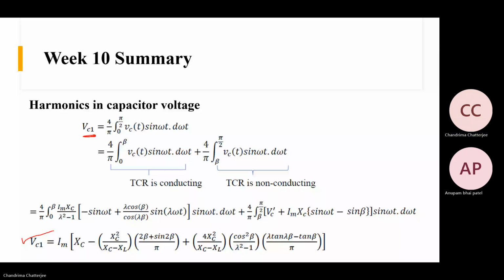So this is the expression. Xc, I already told, is the capacitive reactance of the capacitor, and XL is the inductive reactance.